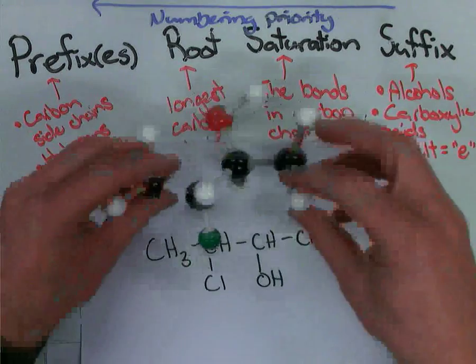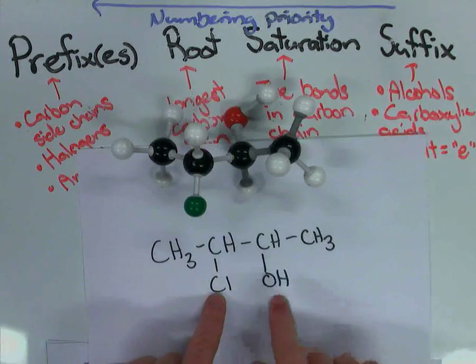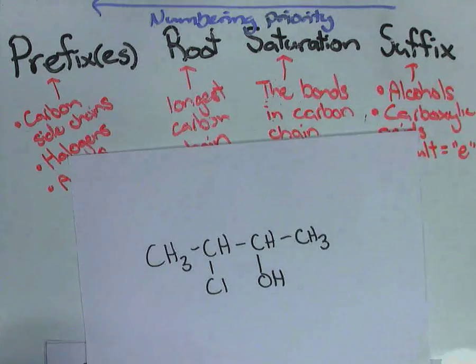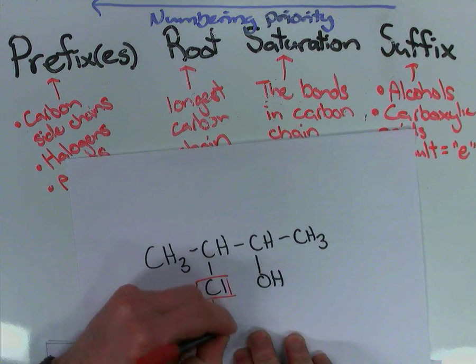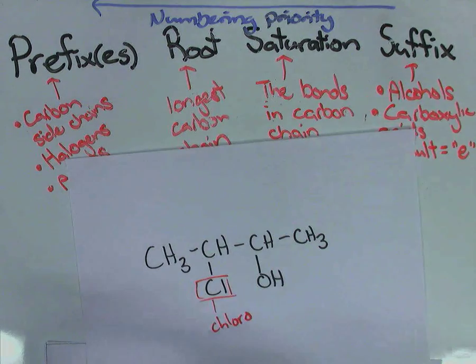I've gone this way around, so the chlorine's on the left and the OH is on the right. And I have to build the name. The chlorine is a prefix and it's chloro. If it was bromine, it would be bromo. Iodine would be iodo, and so on and so on.